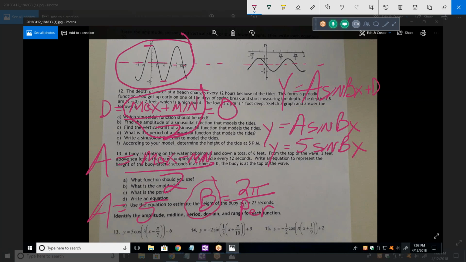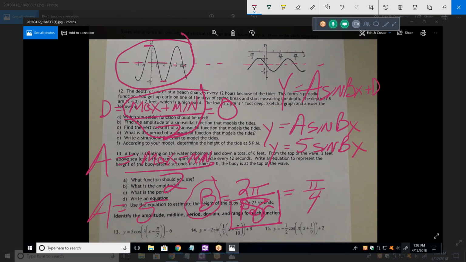So I have to look at the graph, and what's the period? In other words, you can read the period from the graph. So 8. Good. So the period is 8, so b is pi over 4.